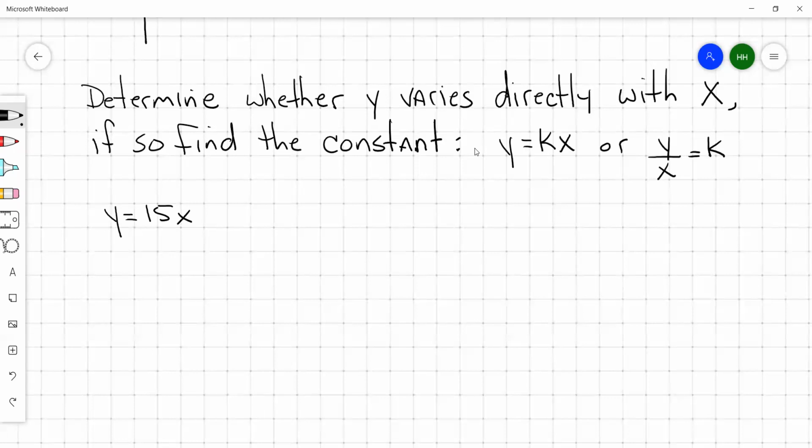Does this formula match the format of the first one or the second one? Doesn't it match the first one? Okay, so we can say yes. And what's in the place of the k? 15. So there's your constant.